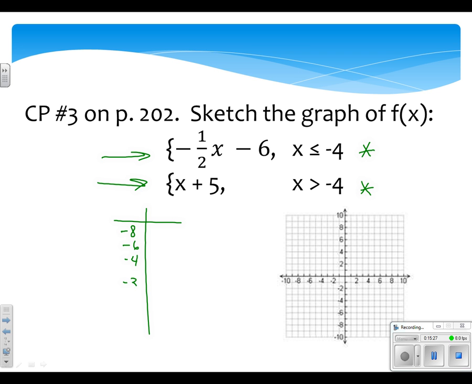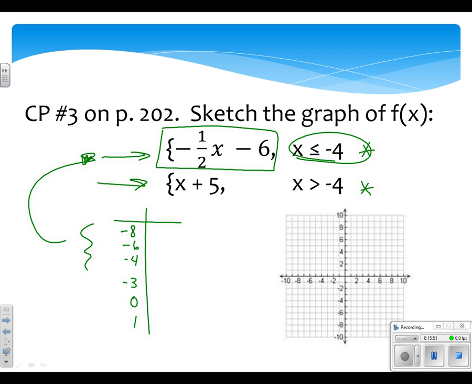So maybe -3, oh, 0 is always nice, and maybe a 1. So these three values, -8, -6, -4, all fit the domain of x is less than or equal to -4. Everybody agree? So that means I need to use this function.